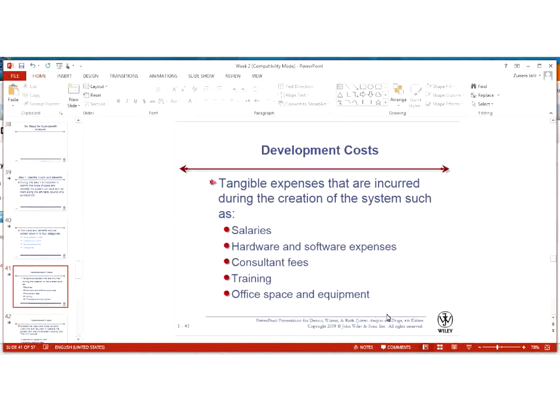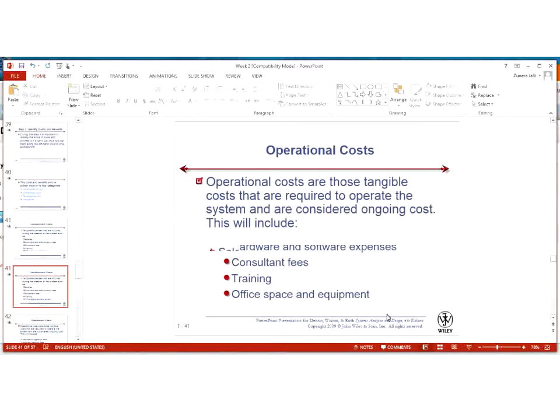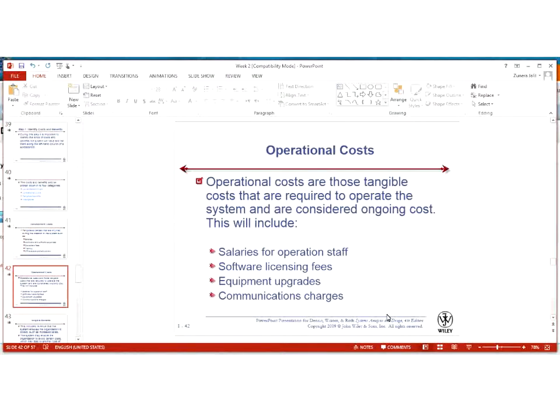If you are providing training to your staff, then the cost of training is also included in development cost. And then you also require office space and infrastructure and equipment, furniture, room, electricity, and everything. So these things are included in development costs. So you can forecast these types of costs.